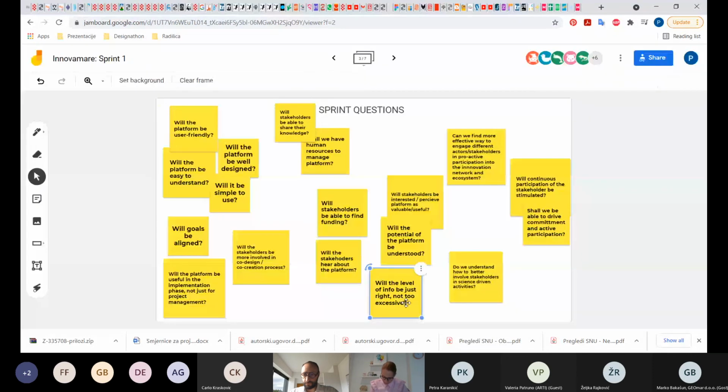Okay, and will the platform tackle or share project results? I don't have anything else here. If you want to add, you can still add.